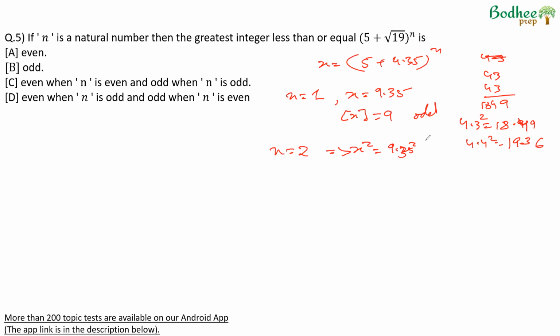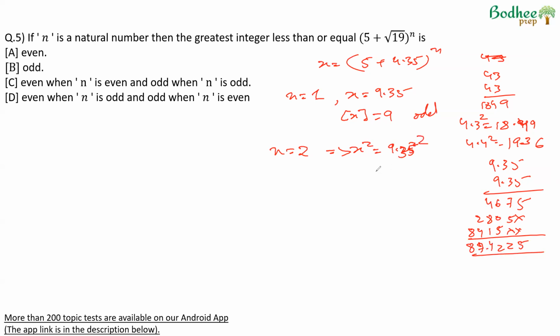We have to find this square, 9.35 times 9.35. That gives 87.4225.